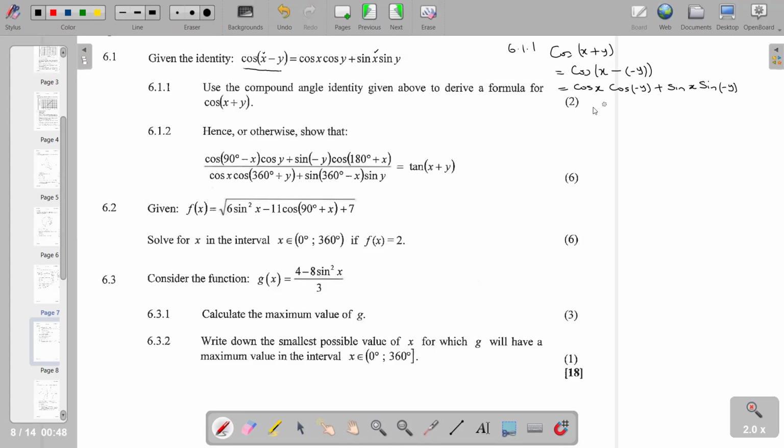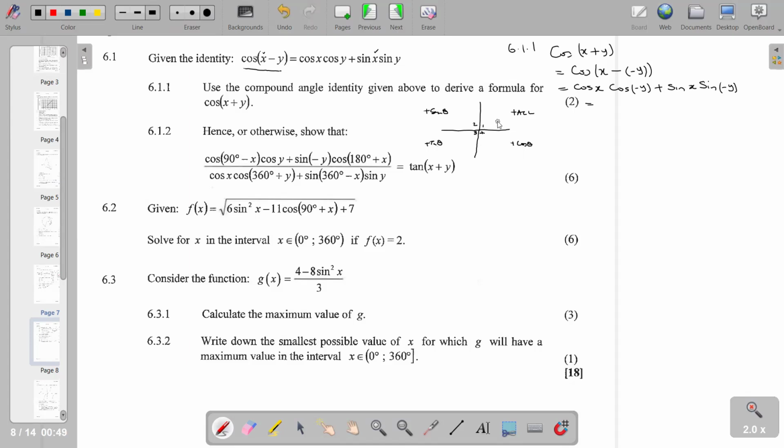Then from there, we can now simplify. So we need to understand our CAST diagram to simplify. We have first quadrant, second quadrant, third quadrant, fourth quadrant. In the first quadrant, all ratios are positive. In the second quadrant, it's only sine which is positive. In the third quadrant, it's only tan which is positive. In the fourth quadrant, it's only cos which is positive.